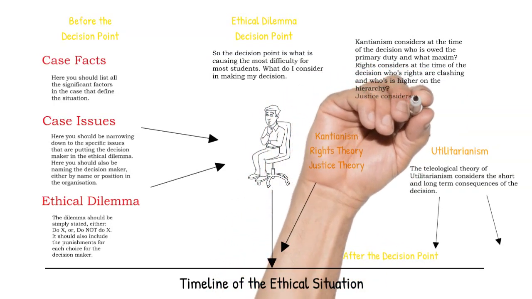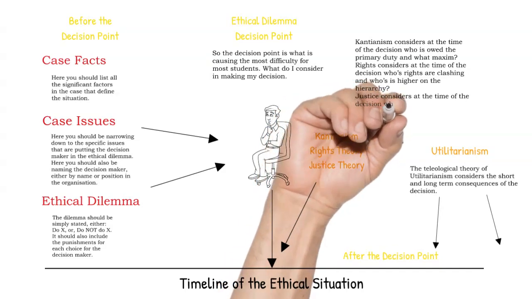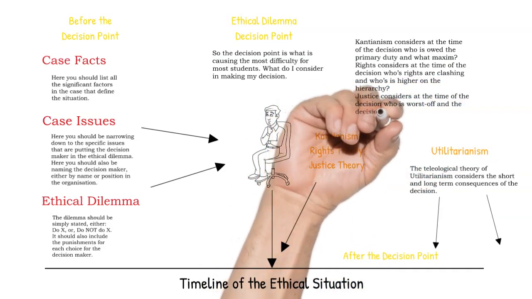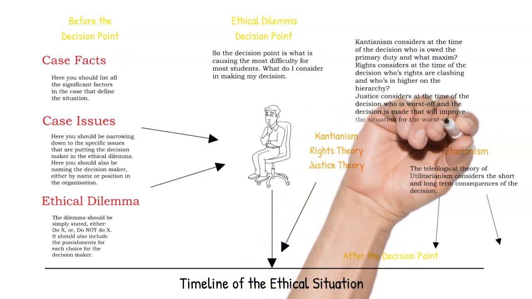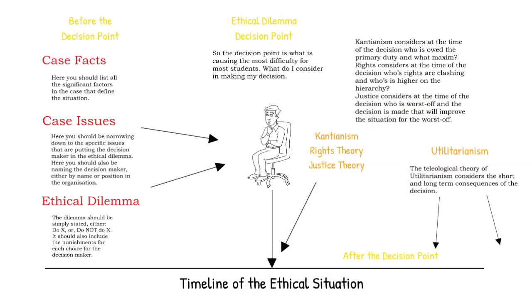Rights considers at the time of the decision whose rights are clashing and whose is higher on the hierarchy. Justice considers at the time of the decision who is worst off, and the decision is made that will improve the situation for the worst off. This is at the time the decision is to be made.